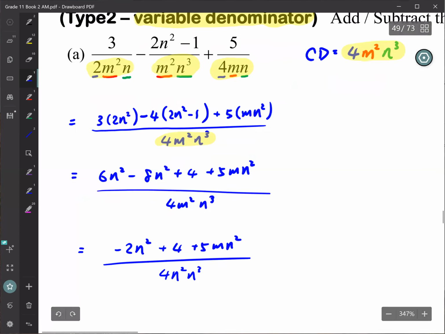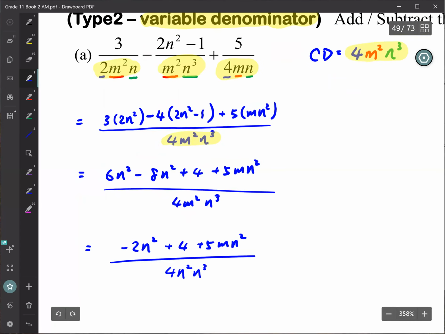Then you look at this. I hope you're clear on whether we can cancel or not. I see n squared there, and I see an n squared there. Can I cancel that? Eric, can I cancel those n squares? No, right? Why not? Because it's addition and not multiplication, so they're part of one.